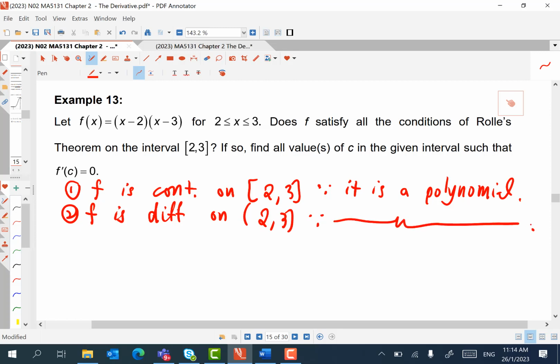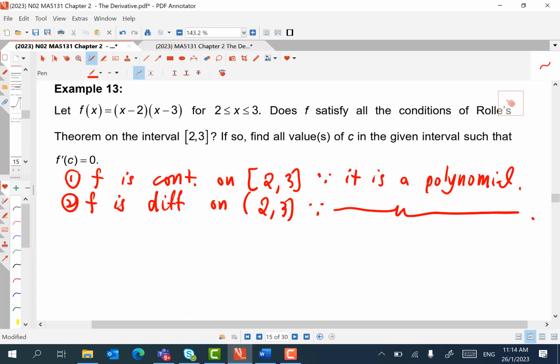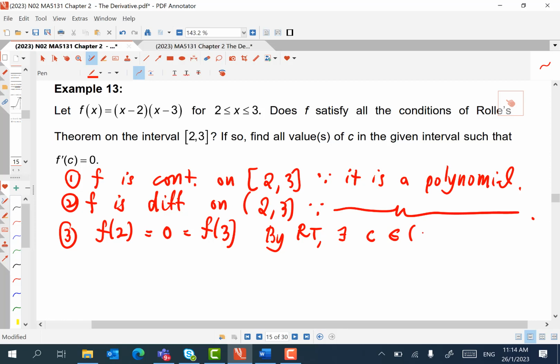Thirdly, f(2) equals 0, which is equal to f(3) equals 0. So it satisfies all three conditions, and Rolle's theorem applies. So by Rolle's theorem, there exists c element of (2, 3) such that f prime of c is equal to 0.